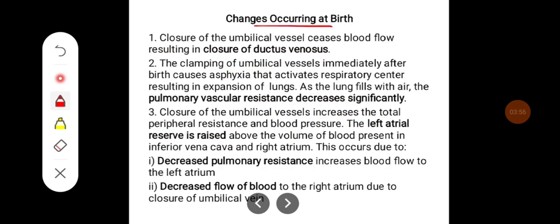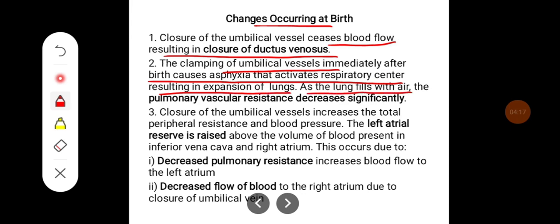Changes occurring at the birth. Closure of the umbilical vessel ceases the blood flow, resulting in closure of ductus venosus. The clamping of umbilical vessels immediately after the birth causes asphyxia that activates the respiratory center, resulting in expansion of the lungs. As the lung fills with air, the pulmonary vascular resistance decreases significantly.